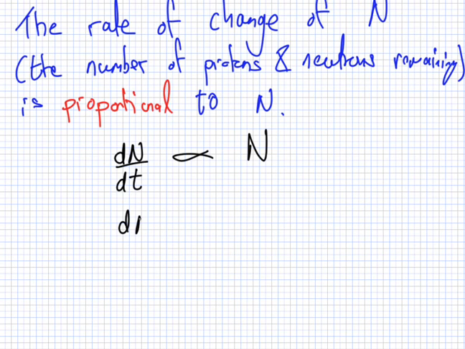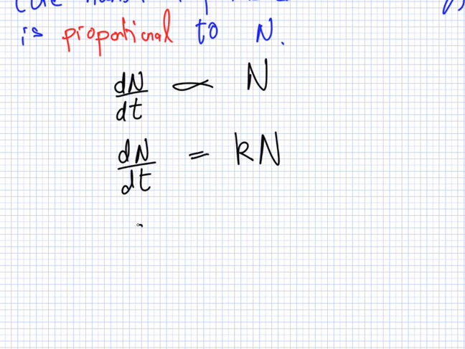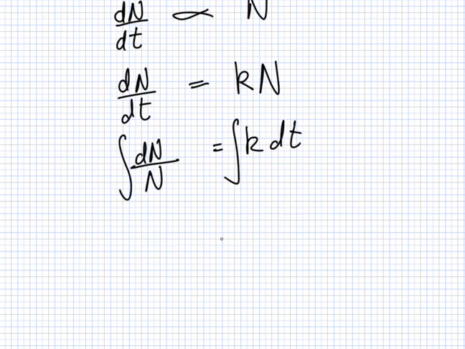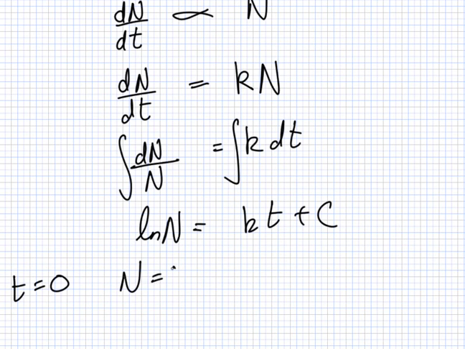So that means dn dt equals kn. So that means dn over n equals k dt, which I can integrate. So I get log n equals kt plus c, but you know that when t is 0, n equals n0, so if you put that in, you can get the c.